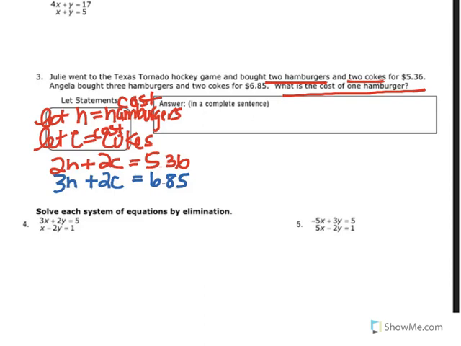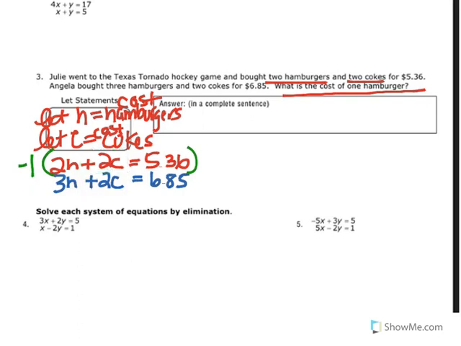When I have 2 equations like this, I like to look for the one that has the smaller coefficients, and that's the one I like to multiply by -1. I'm going to take this upper equation and multiply it by -1, because then I'll end up with minus 2C here and plus 2C here, and those will get eliminated.